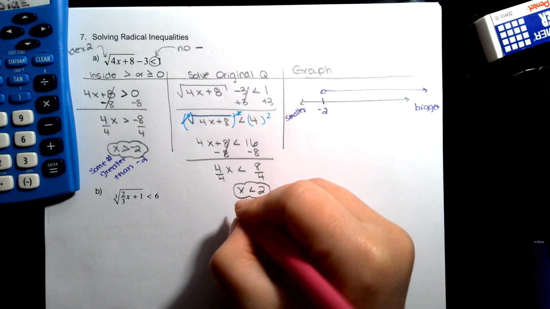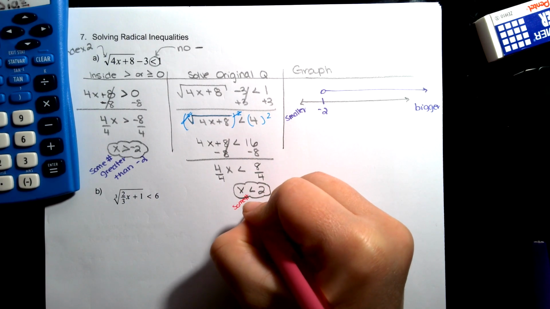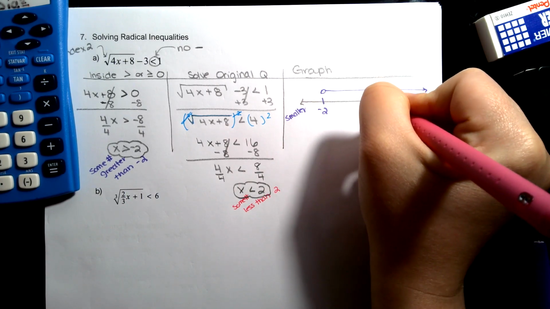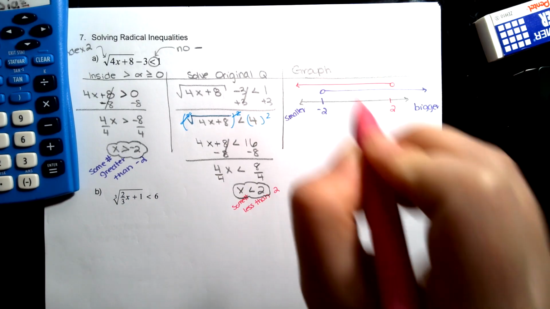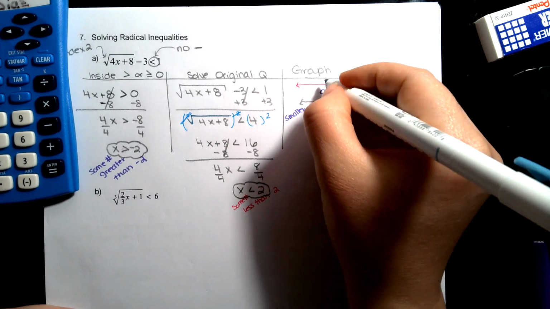Next, we have some number is less than, smaller than, 2. So here's 2. Here's some number, and it's smaller. So we're going that way. And so what you're going to see is an overlapping. Either the arrows are pointing the same direction, and you're going to have a singular inequality as an answer, or your arrows are pointing in different directions. If there is an overlap, that means you have something called an AND statement.